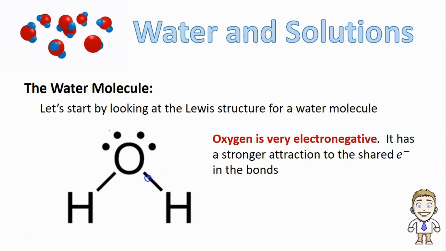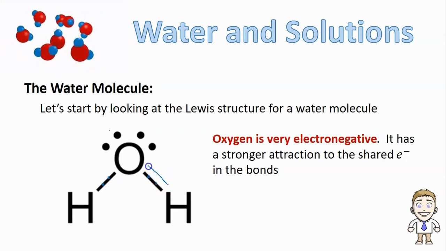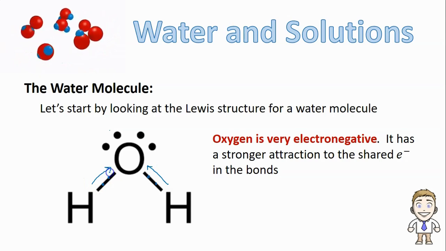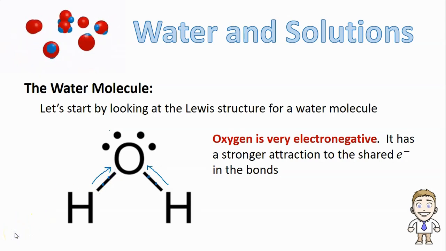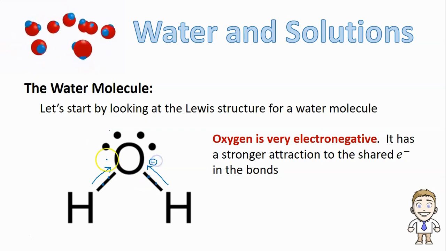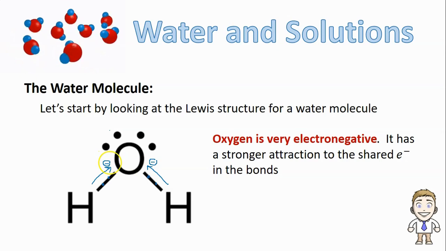So remember, these covalent bonds are actually made of 2 electrons apiece. And the electronegative oxygen has the effect of pulling those electrons a little bit closer to it than they are to the hydrogen atoms. And since electrons are negative, what ends up happening here is on this side of the bond near the oxygen, you get a slight buildup of a negative charge because the negative electrons are spending more time near the oxygen.